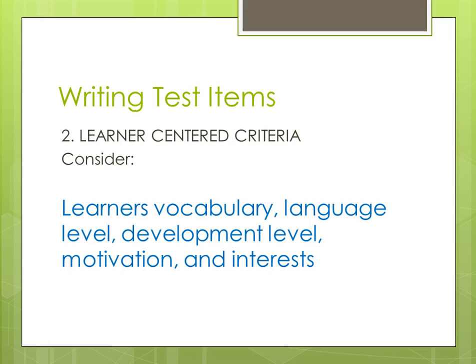With the learner-centered criteria, you need to tailor the assessment to the needs of the learner. The learner's experience, their background, their interests, their vocabulary level, their language level all play a role. So you've got to make sure that it's at the appropriate level. If it's for children, then it's written for children. If it's for adults in a highly specialized field, well, then the language needs to reflect that.